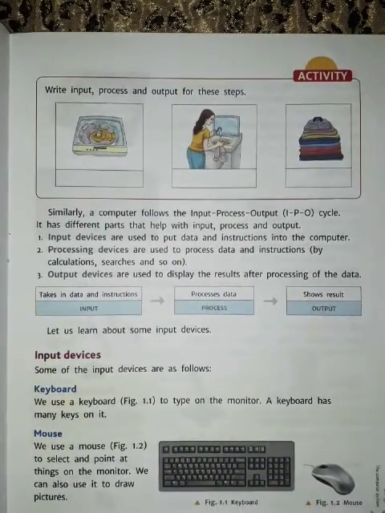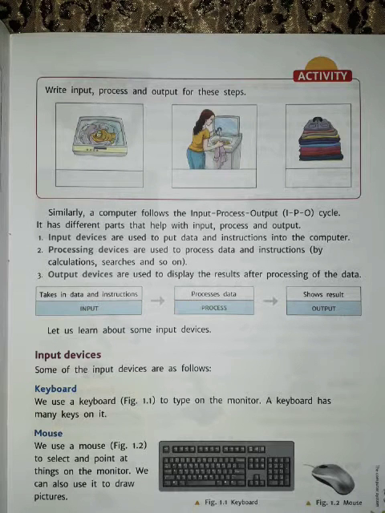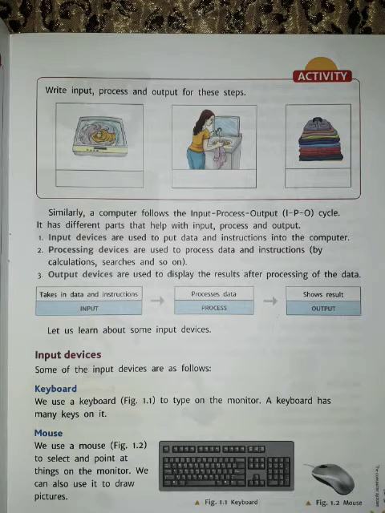Like the example given in your book, when your mummy washes clothes, first of all we put the water and detergent powder, and then we put the dirty clothes and let them wash by machine.